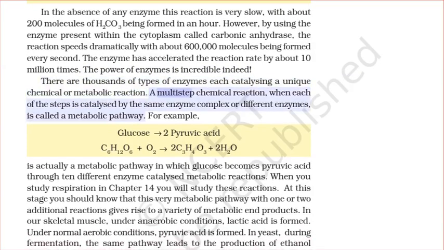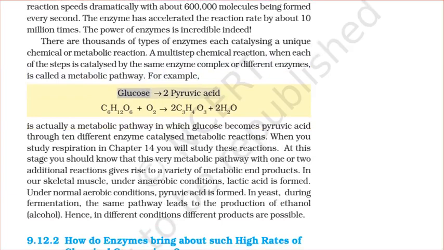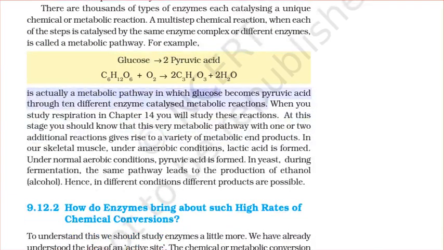A multi-step chemical reaction, when each of the steps is catalyzed by the same enzyme complex or different enzymes, is called a metabolic pathway. For example, glucose to pyruvic acid is actually a metabolic pathway in which glucose becomes pyruvic acid through 10 different enzyme-catalyzed metabolic reactions.